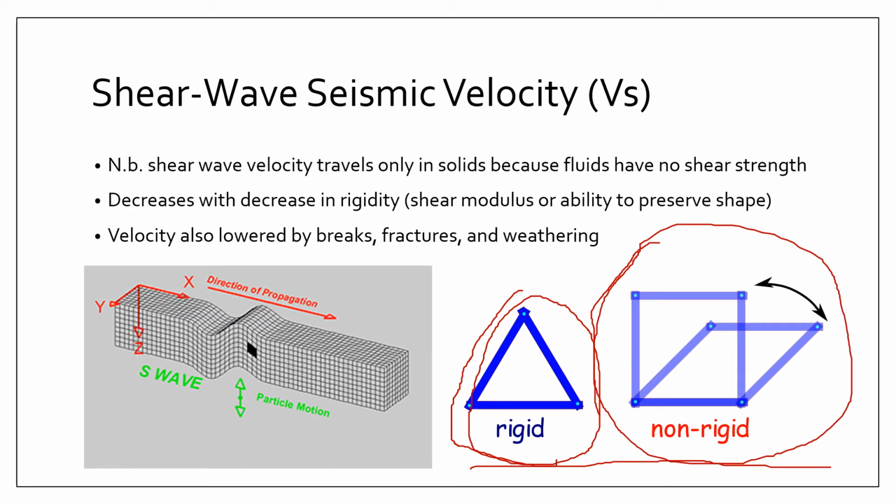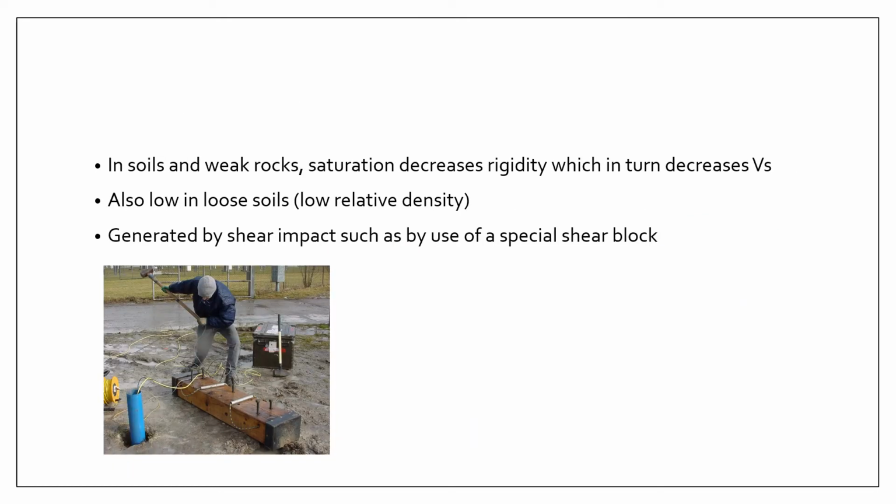Now, shear wave velocity is also modified by fractures, joints, faults, bedding, and also weathering. In soils and weak rocks, it's also important to note that water affects them in a different manner.